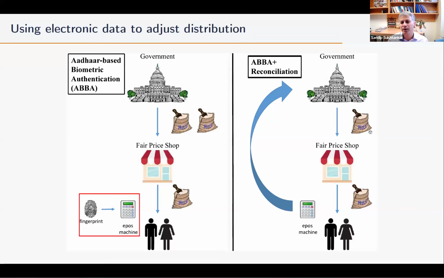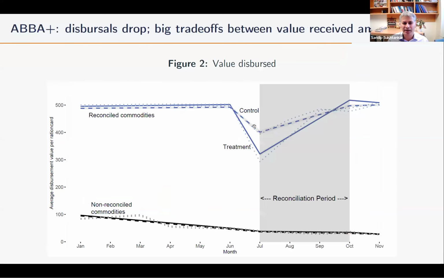Next month, we're going to reduce your distribution value, and we're only going to send you 50 sacks of rice rather than 100 to begin with. Okay, so this was called reconciliation. So that's what they started to do, and that had a dramatic impact.